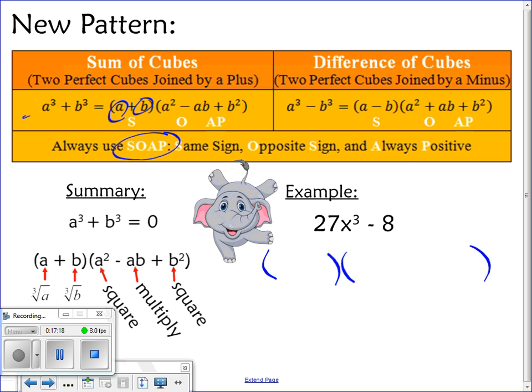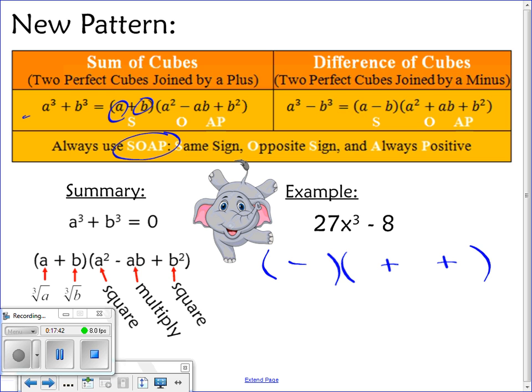All right, so same, minus sign, opposite, and always positive. So I know my signs right away. Fill them in. Questions on the signs for there? Same, opposite, always positive. Next, we're going to fill in the numbers. We're going to take the cubed root to get our numbers that go in the first part.